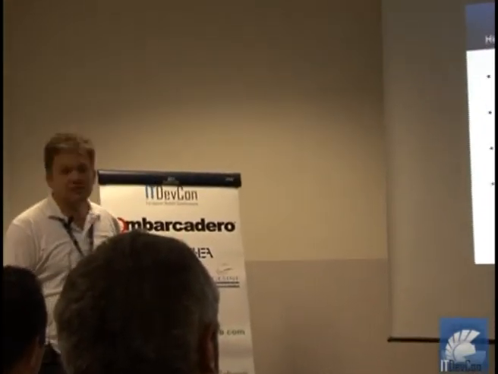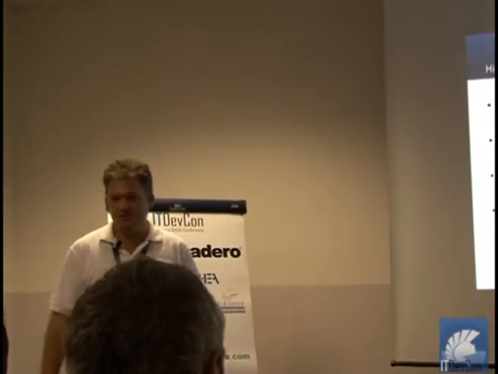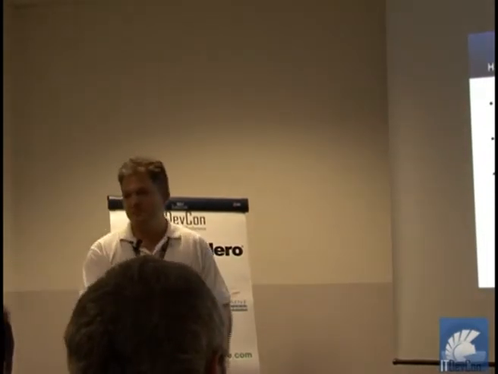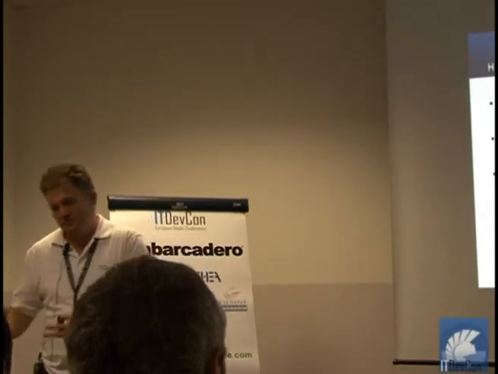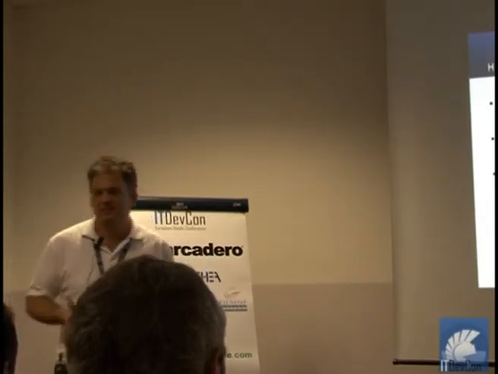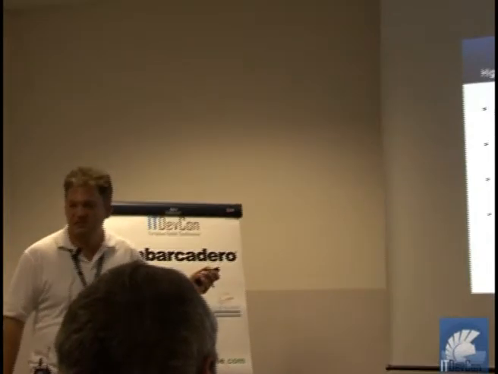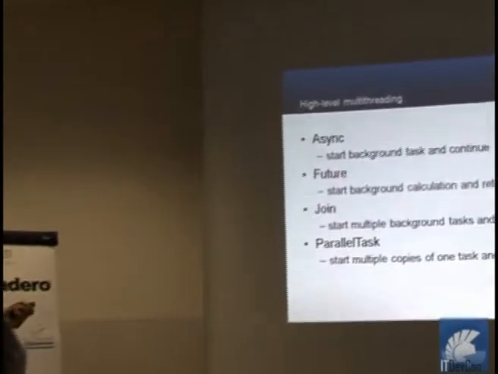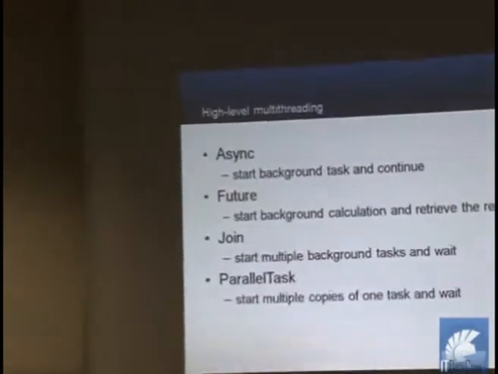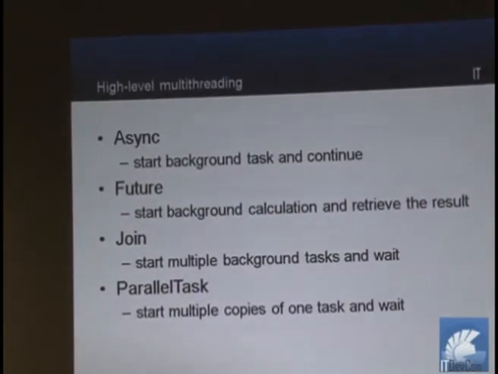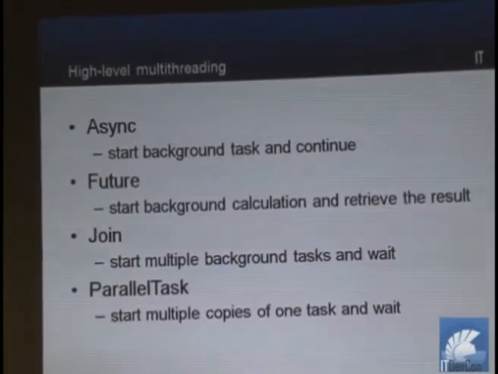Then there's Future, which is a background calculation like Async, but it returns a value back to the caller. So this is a big difference if you just want to submit something and forget about it, or if you want to get some result back. This one is easily done with TThread. This one, less so. Passing data back to the owner is not something that is implemented in the basic framework.